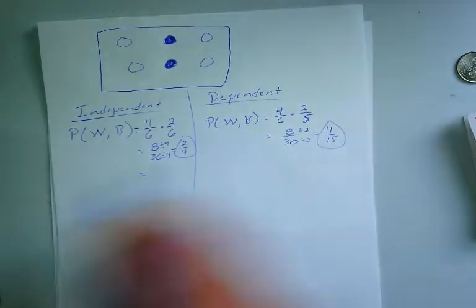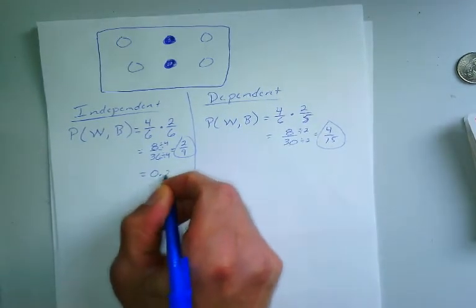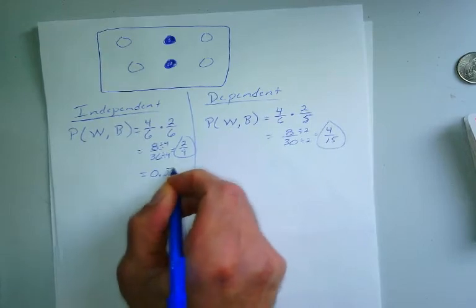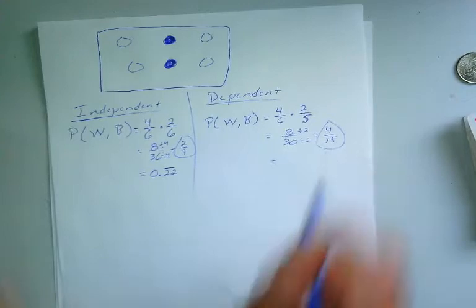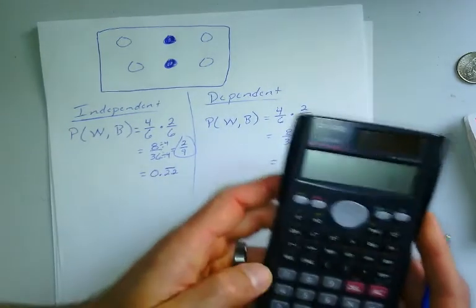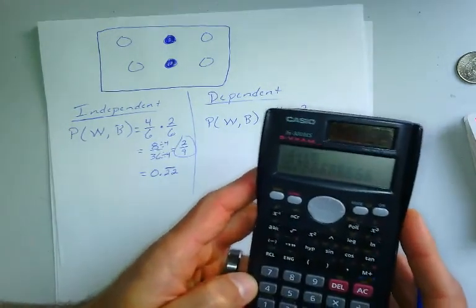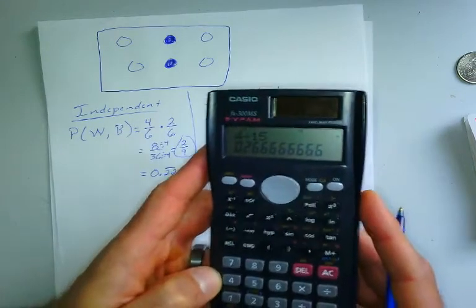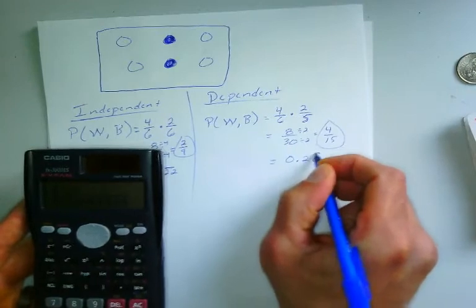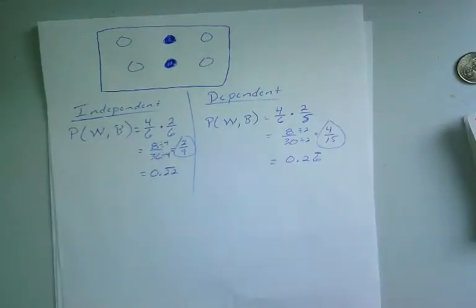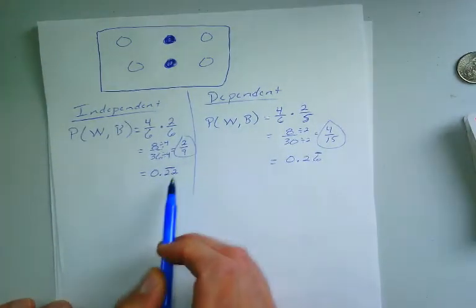So that's 0.22 repeating. And my probability of 4/15, if I want to write that as a decimal, I would do 4 divided by 15. That's 0.26 repeating. So we've got fraction, decimal.